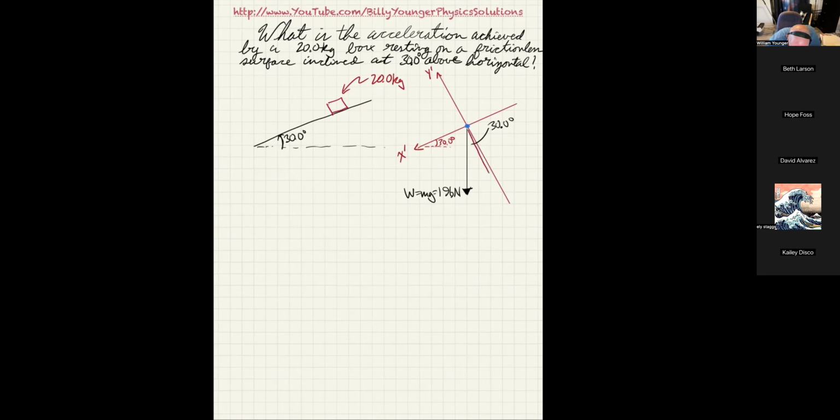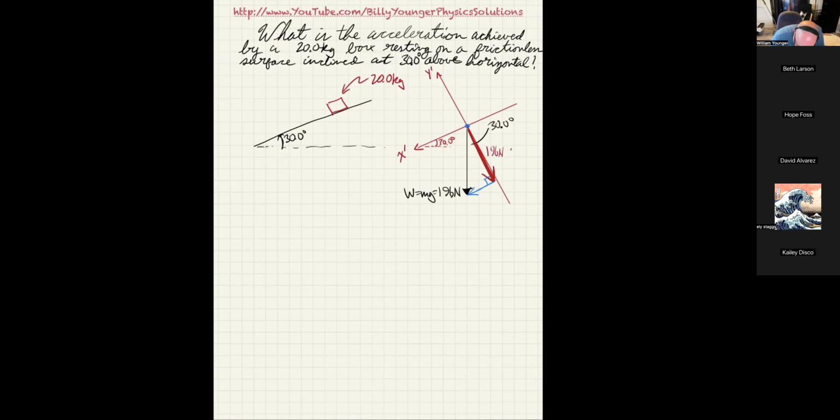So the y component of this weight vector is this quantity right here, and the x component of this weight vector is this one right here. Notice that's another right triangle. Since that angle right here is 30, this side is given by cosine and this side is given by sine.